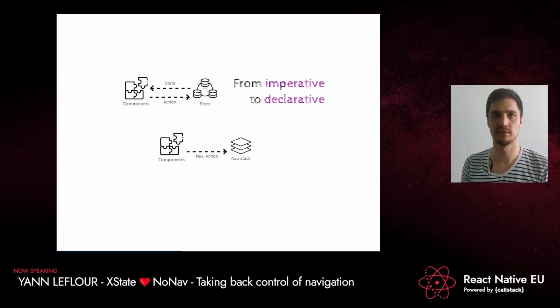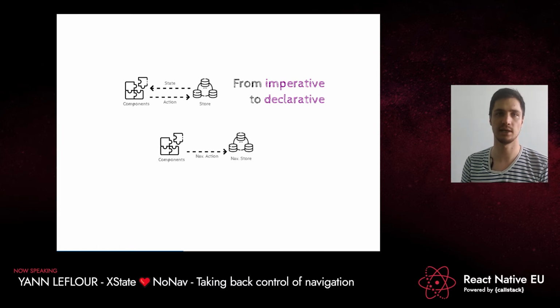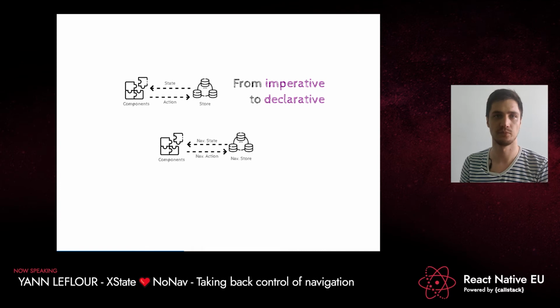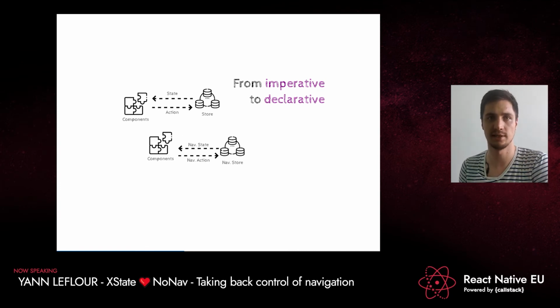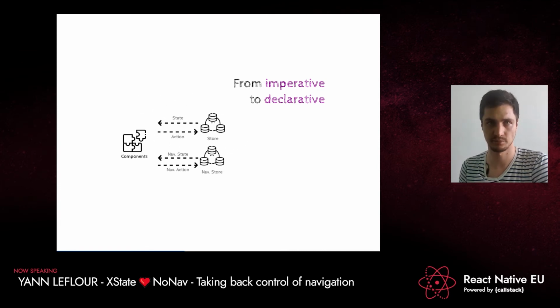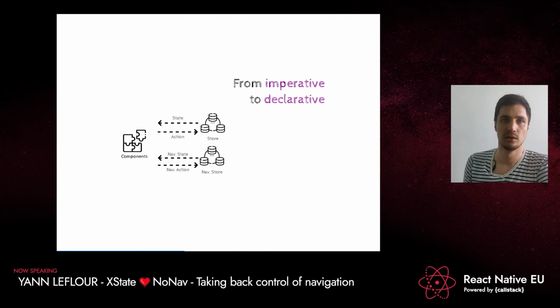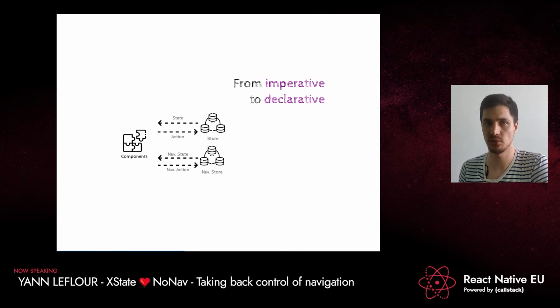Navigating itself is actually an action sent to our stack, and the stack is actually also a navigation store, resulting in a navigation state. So now we have our entire navigation on a store we don't fully control because it's handled by an external library.